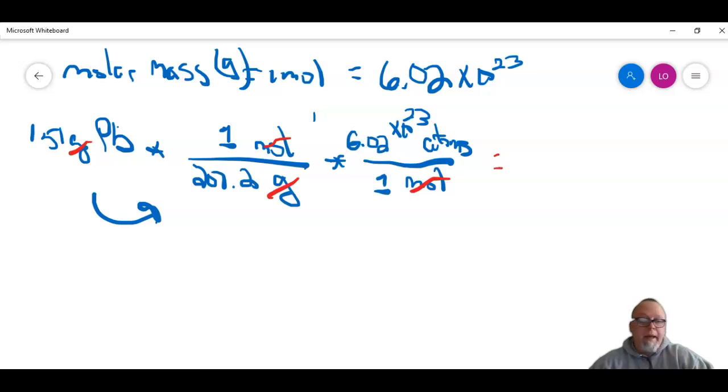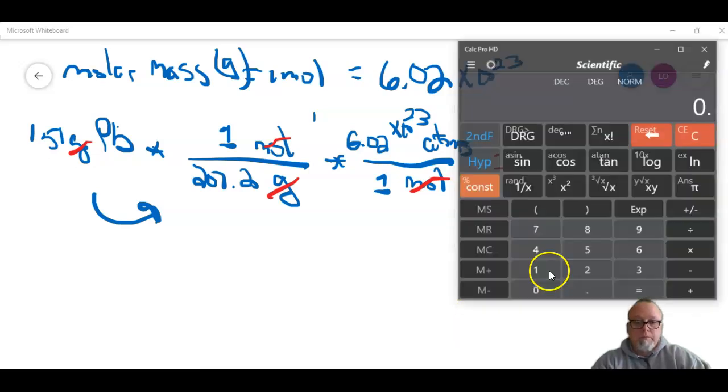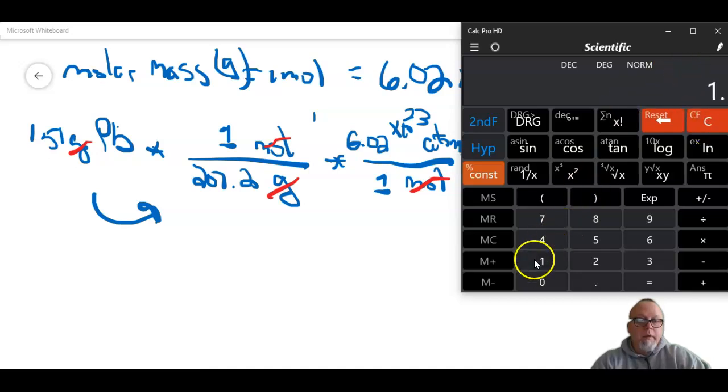So we have 151 times 1 times 6.02 times 10 to the 23rd, divided by 207.2.